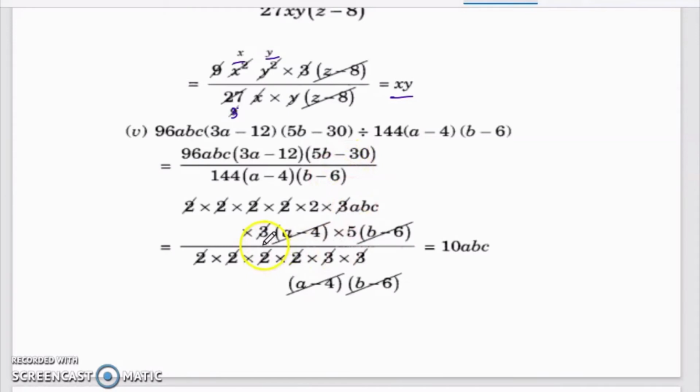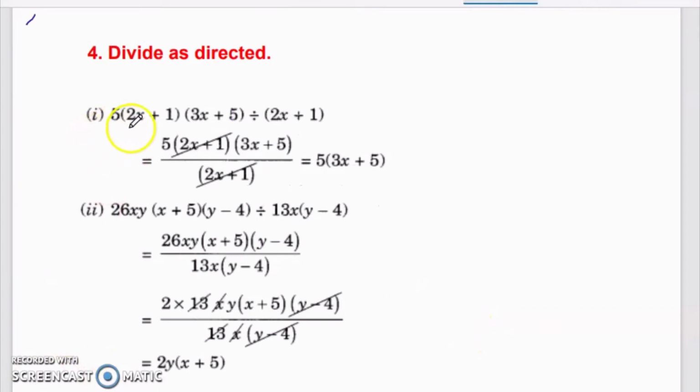So you will get it like this, 3 into (a − 4), 5 into (b − 6). Now (a − 4) and (b − 6) are there in the denominator also. So those terms will get cancelled and then 96 and 144 you have to factorize and then cancel out the common factors. So the final answer that you will be getting will be 10abc.